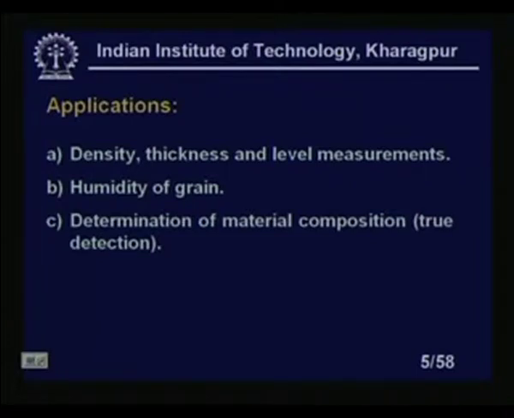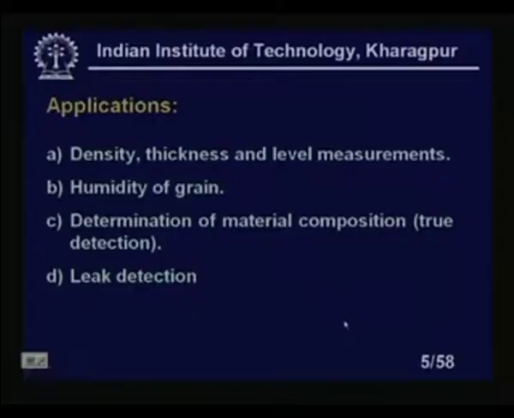Determination of material composition: what the material composition is can also be detected through nucleonic instrumentation. Leak detection: if there is a leak in a pipe, especially an underground pipe, it is very difficult to know where the leak is. It is possible to find it through nucleonic instrumentation.